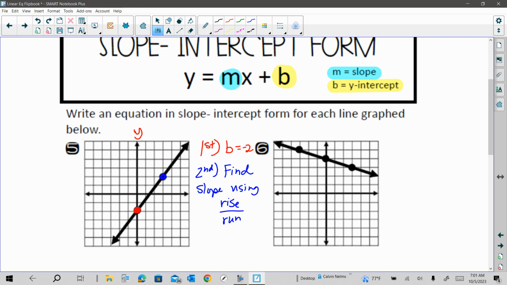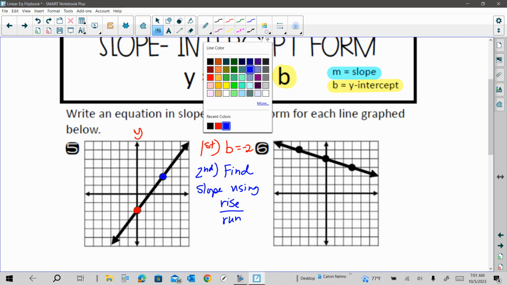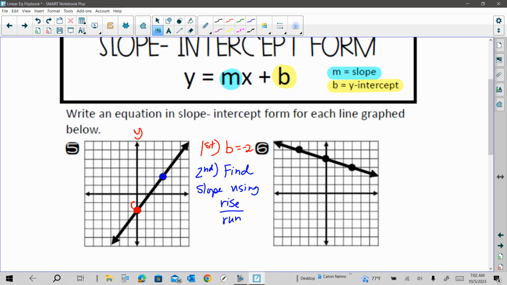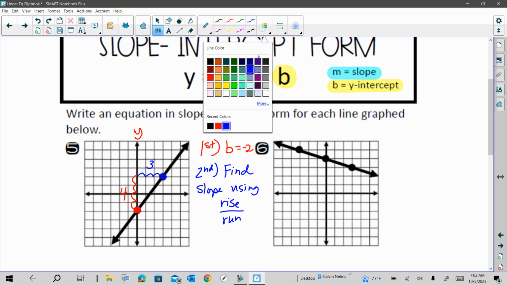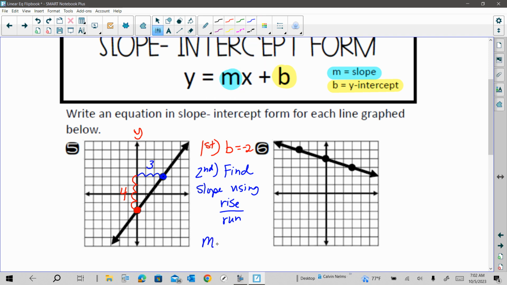So I see here are my 2 points. I can count from my red point to this blue point here. My rise from this red point will be going up 1, 2, 3, 4. So that's a +4. And then my run would be to the right 1, 2, 3. That's a +3. So I now know that the slope here, my m, is 4/3.